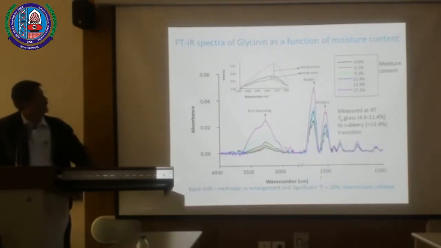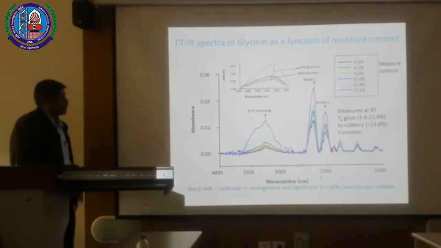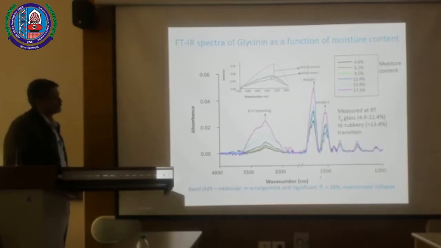Let's see the FTIR spectra of this molecule, how moisture is affecting it. We have different band regions here. This one is stretching. Amide 1 region here, amide 2 region here.